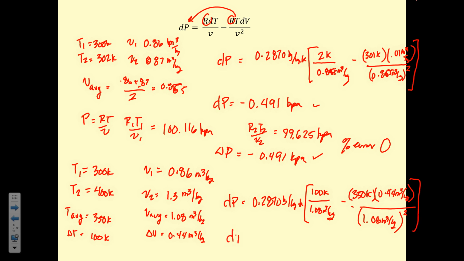So we calculate dP is equal to negative 11.319 kilopascals.